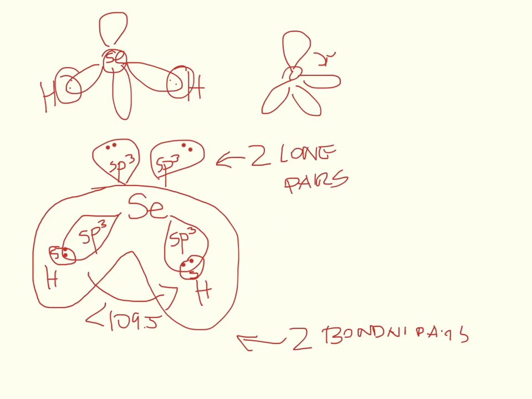So the lone pairs are going to repel these bonding groups and push them down smaller than 109.5, which, as mentioned earlier, is similar to the molecule of water, which is about 104.5.